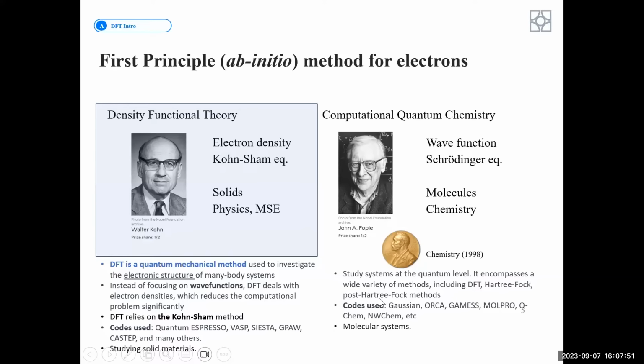The famous codes dealing with computational quantum chemistry are Gaussian, ORCA, GAMESS. GAMESS is very famous because it's really good for studying the molecule itself. So you can get a deeper understanding of the molecule if you are dealing only with a single molecule, not a larger structure. So it's really good for molecular systems. But again, in today's tutorial, we only care about density functional theory. So in very simple words, DFT is about how you calculate the density of electrons, not the wave function.